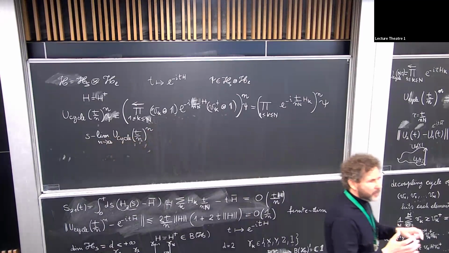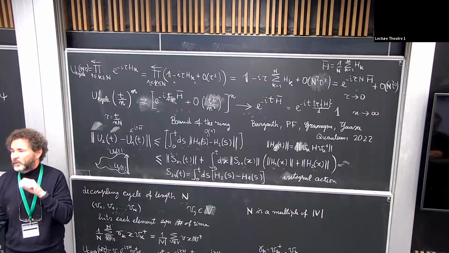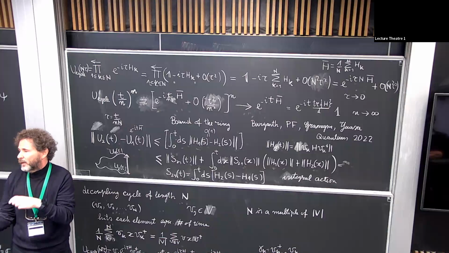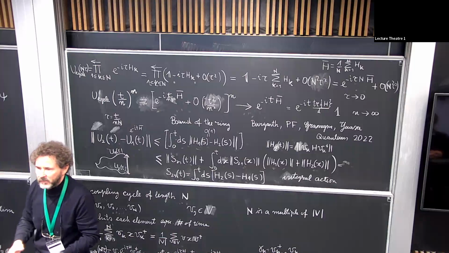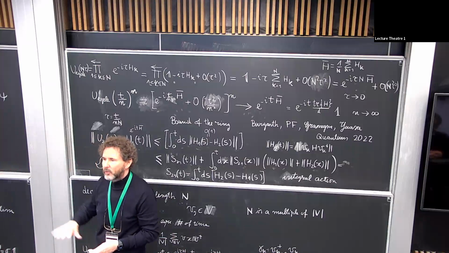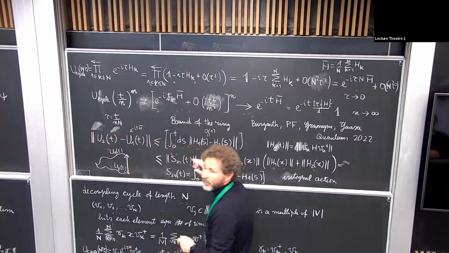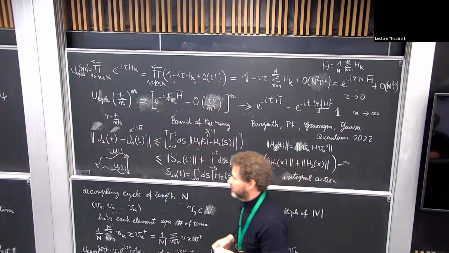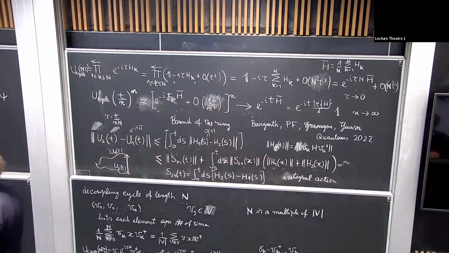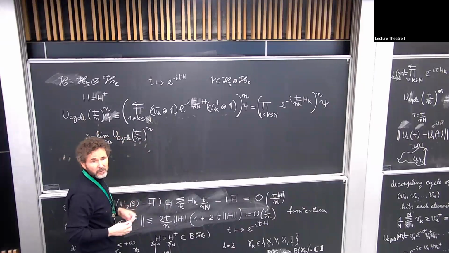If you have strong convergence, given the state of the environment, you have essentially uniform control on the system. So given the state of the environment, everything is similar to what I did for a finite or bounded Hamiltonian. But in general, this limit might not exist.